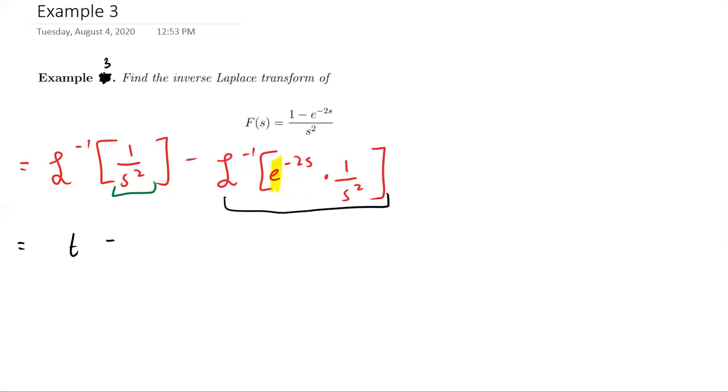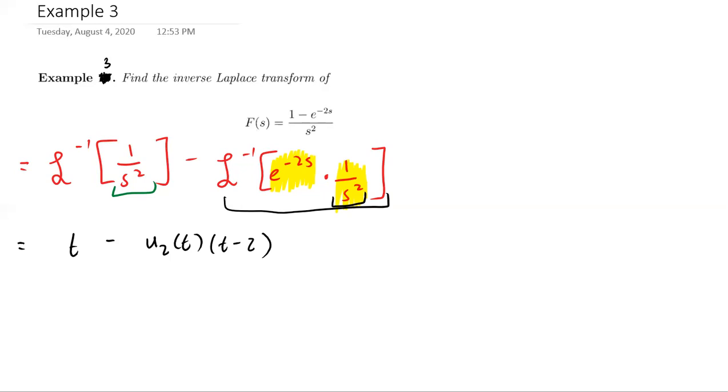Noticing that this looks like a shift by 2 units, and this is just a Laplace transform of t, then we can see that if we take the Laplace inverse of this, it is just going to be u sub 2 of t times what? Well, the shifted version. Here, this is the Laplace transform of t. So here we need t shifted by 2 units. And that's the whole thing.